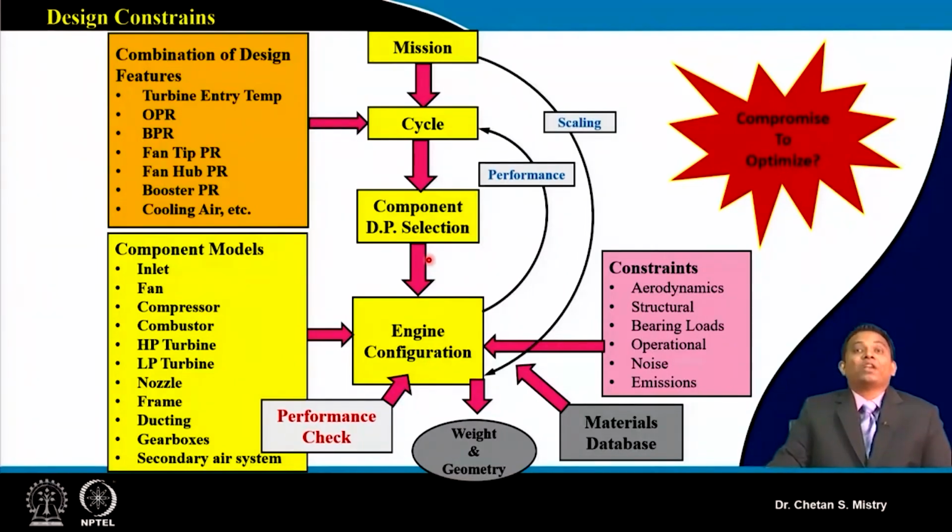When we apply those aerofoils, we need to iterate with our design procedure. We need to check what we are looking for in terms of pressure rise, efficiency, operating range, and stall margin. All those things need to be checked. Those checks are done at test rig level, and later tested with the actual engine.